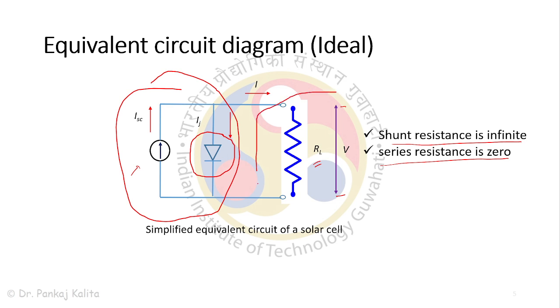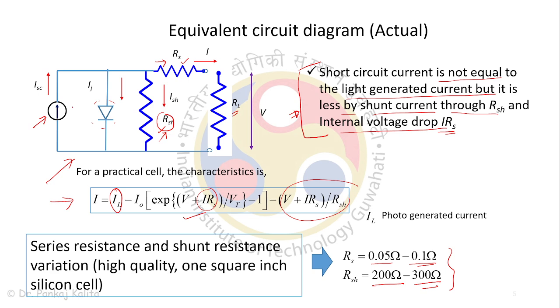In ideal condition, whatever we are getting we should be getting across the load also, but in real condition it does not happen. At the junction of p type and n type material, there is some contact resistance, right?